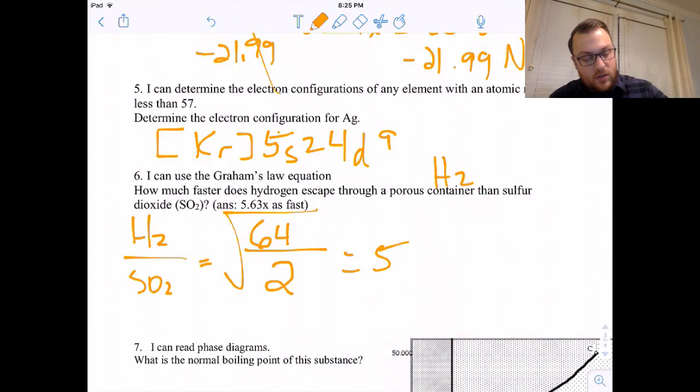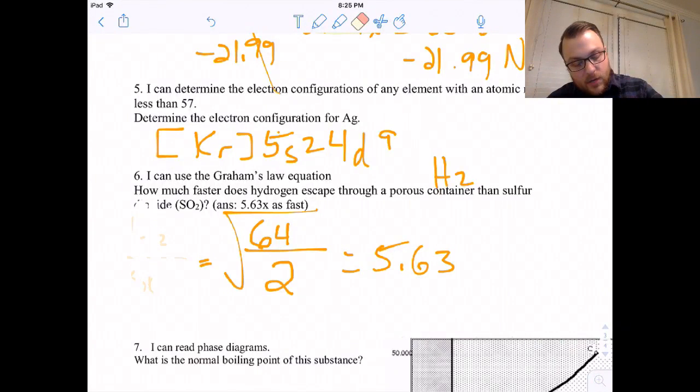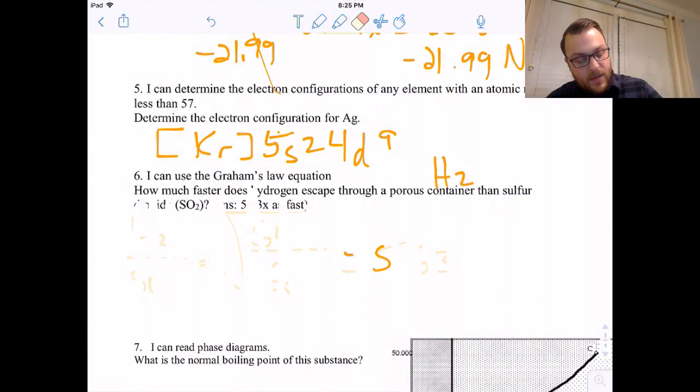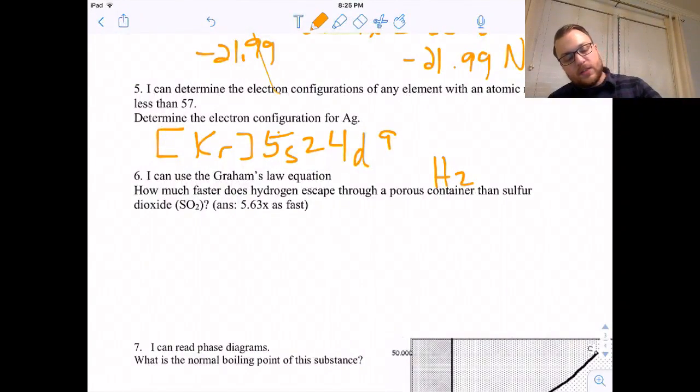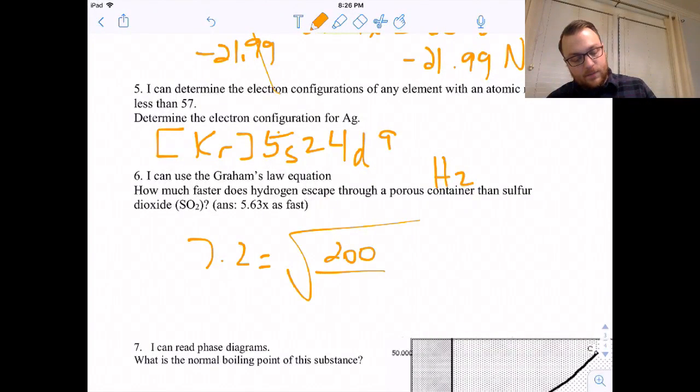Quick comment on Graham's law that you guys goof on a little bit. Let's say you had a question like 7.2 equals the square root of 200 over x. We struggle with how to cancel out a radical. Some of you fix that by squaring it. So you're like, I'm going to square it.